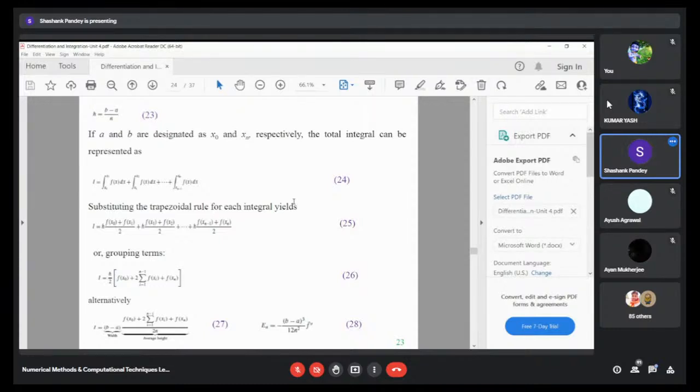Okay, so please have a look at this composite trapezoidal rule before we proceed towards one of the solved examples.